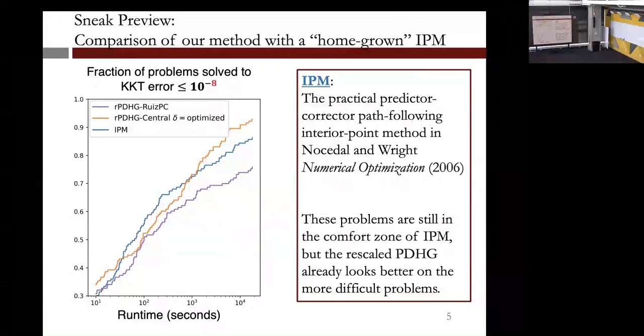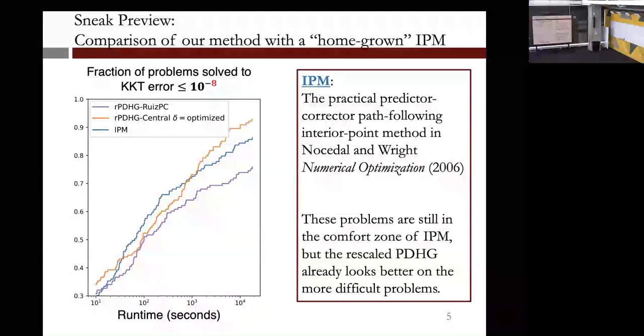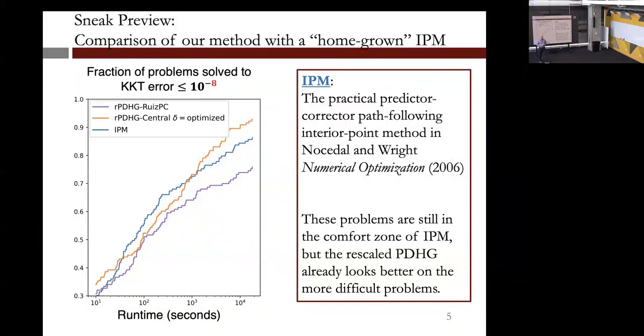And then the curve in orange is our new method, which doesn't do as well for problems that are easier to solve, but for the problems that all codes have trouble with, which are the ones out here, after a while we start to outperform even barrier methods. Now, there is an asterisk here, which is a slight way in which we're biasing towards us that I will get to later.